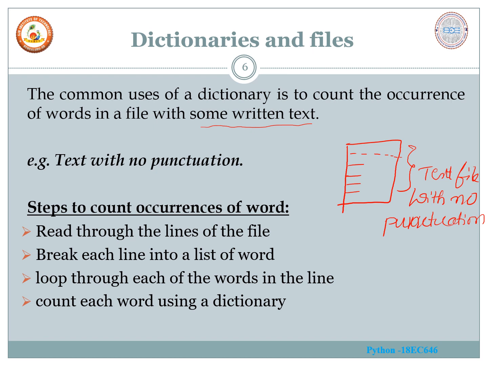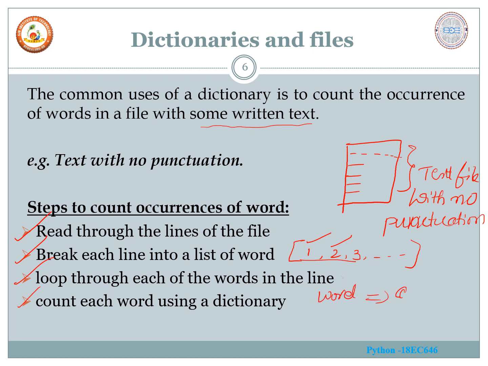We will write a Python program to read through the lines of the file. First we read the lines of the file, then break each line into a list of words. Soon after the list of words is obtained, we loop through each word in the line and count each word using a dictionary, so that you can get a count of how many times the respective word has occurred.